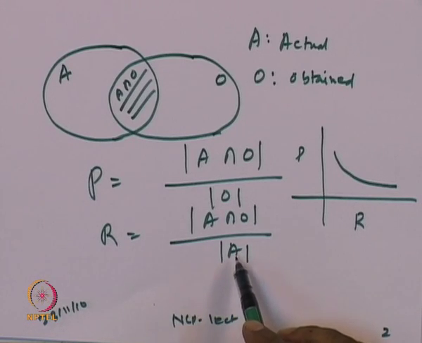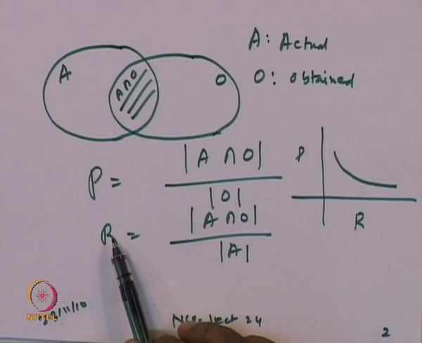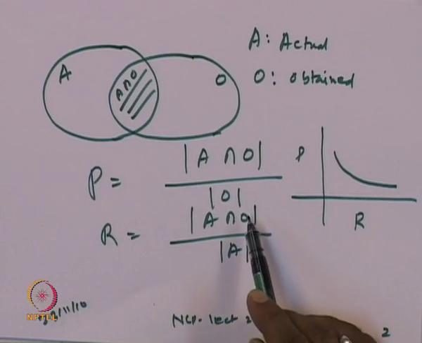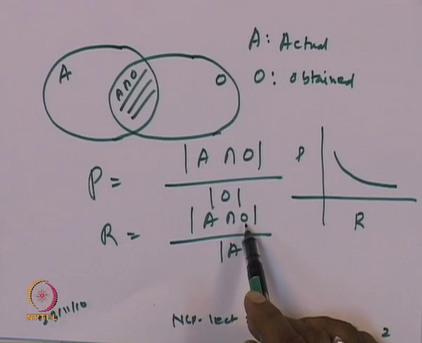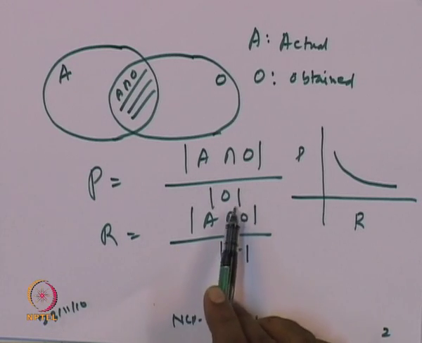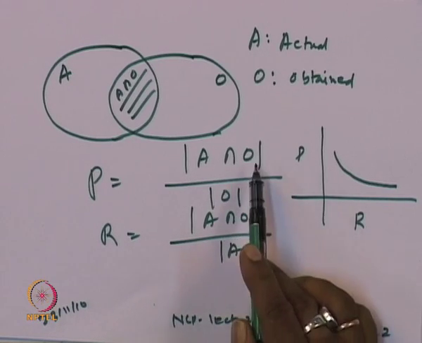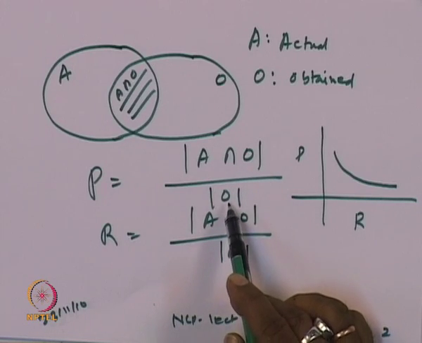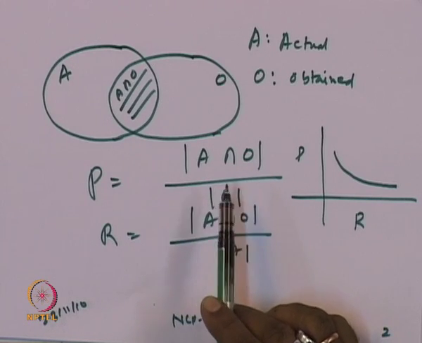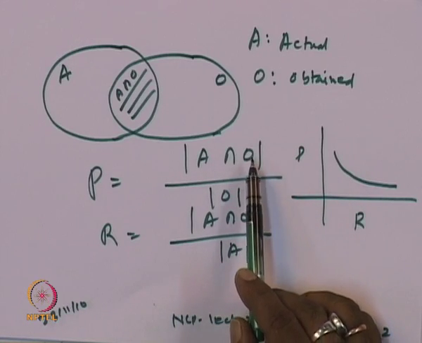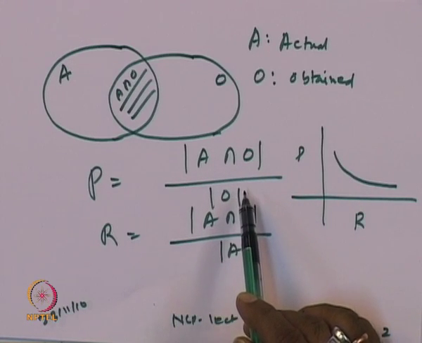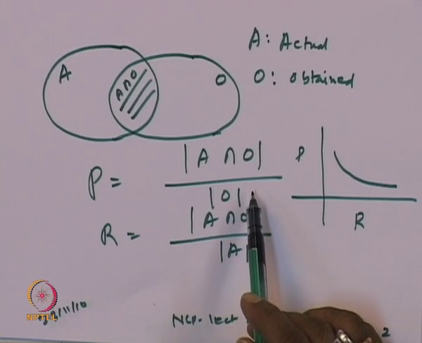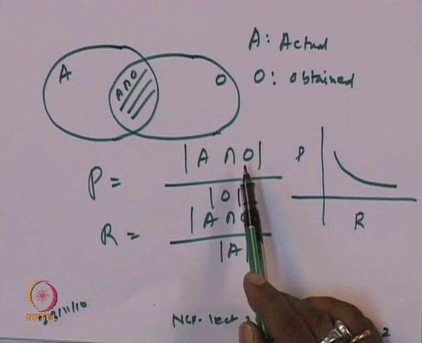Then the only way recall could go up is by increasing O. As O increases, the denominator of P increases. The numerator also increases, but the same entity appearing in the numerator and the denominator makes the denominator more predominant than the numerator.